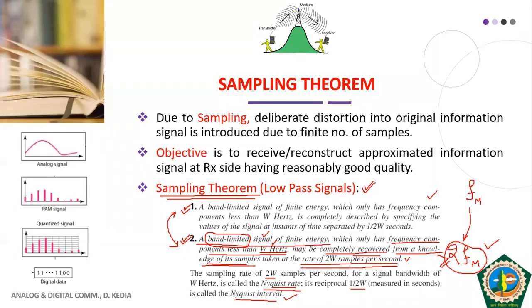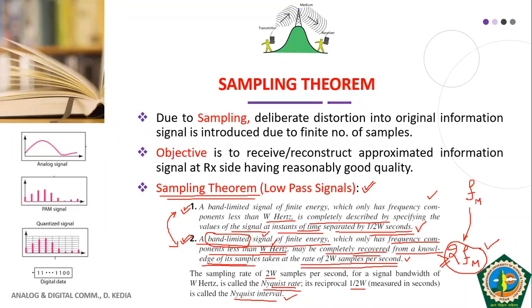So you can see here again a band limited signal of finite energy, which has no frequency component higher than W hertz, can be completely described, that is, reconstructed, by specifying the values of the signal at instants of time separated by 1/2W second.